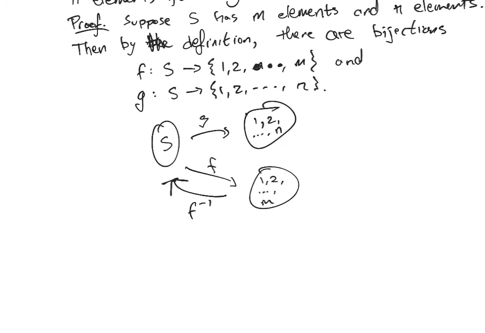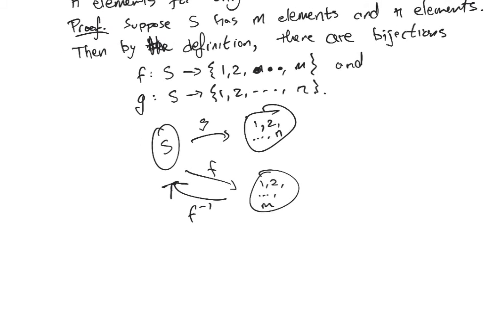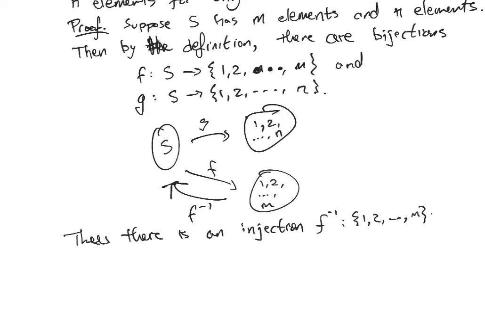Thus there is an injection F inverse from the set 1 through m into S. And now we're going to use the fact that if we compose injections, oh sorry, I said injection, I meant bijection.